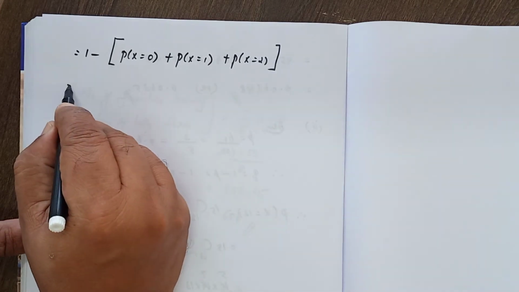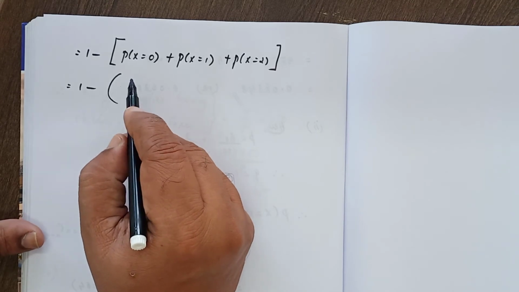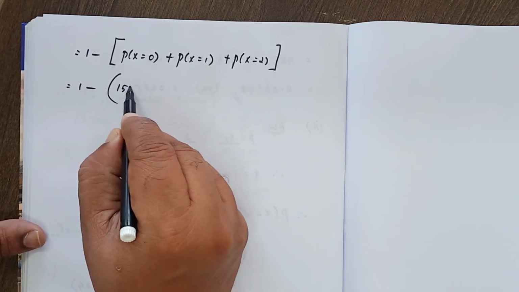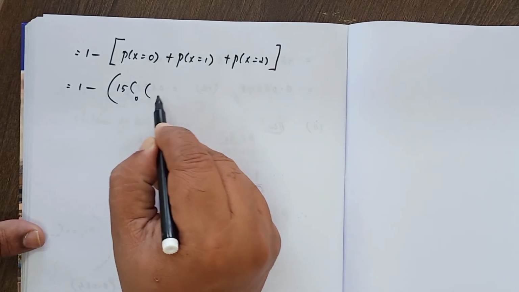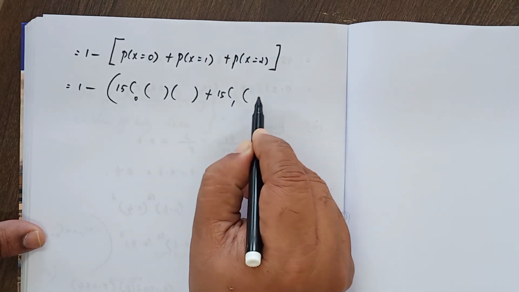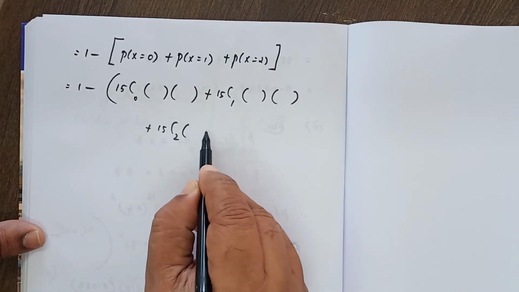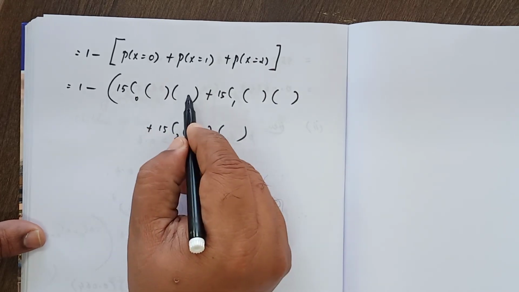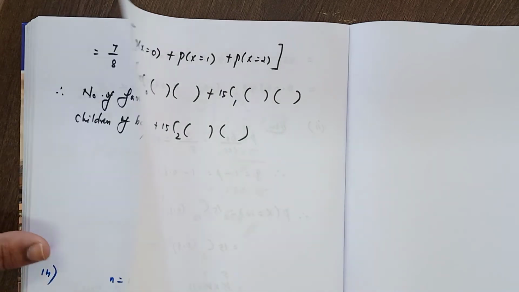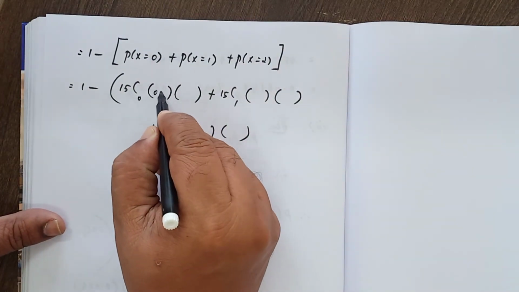1 minus. Now you can apply the formula nCx, where the n value is 15: 15C0, in a set of brackets, 15C1, in a set of brackets, and next 15C2, in a set of brackets. Here the P value and here the Q value. For the third subdivision, the P value is 0.4 and the Q value is 0.6.